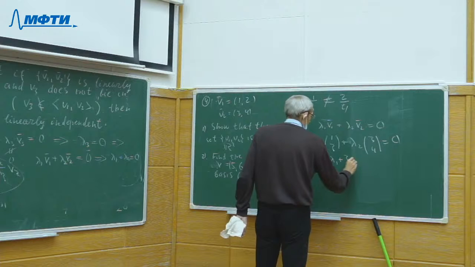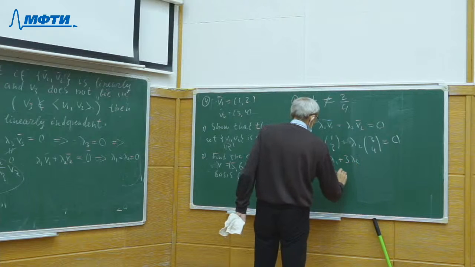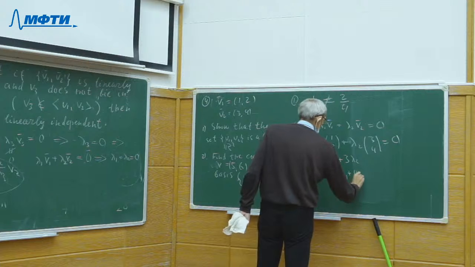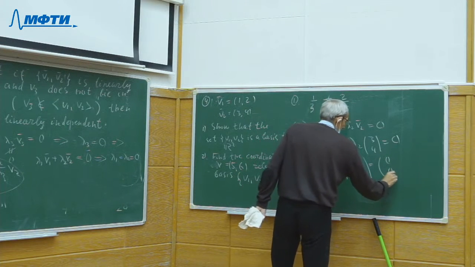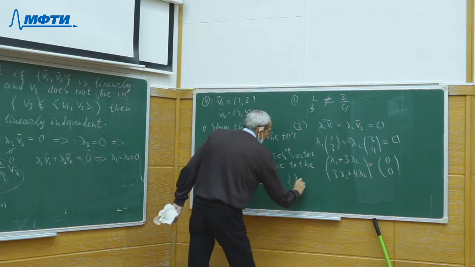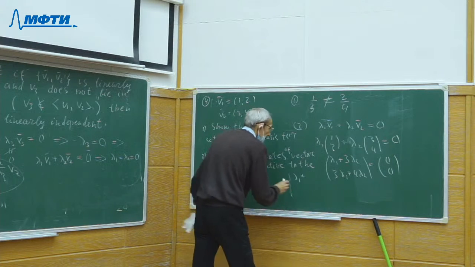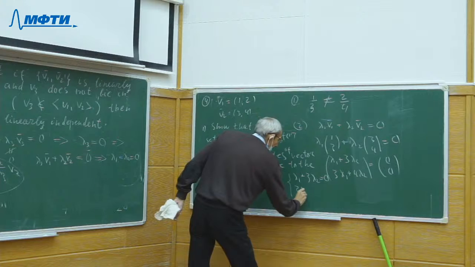One of them has the coordinates lambda 1 plus 3 lambda 2, and the second coordinate 3 lambda 1 plus 4 lambda 2, and this vector is equal to 0, and we obtain the system of linear equations in the following form.